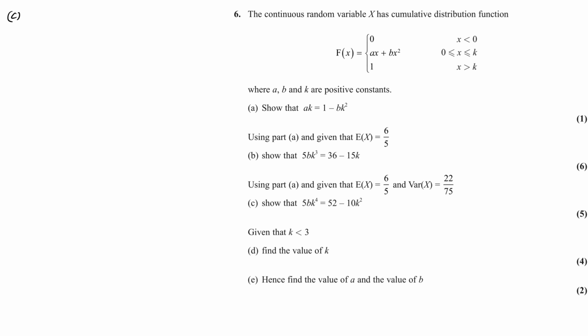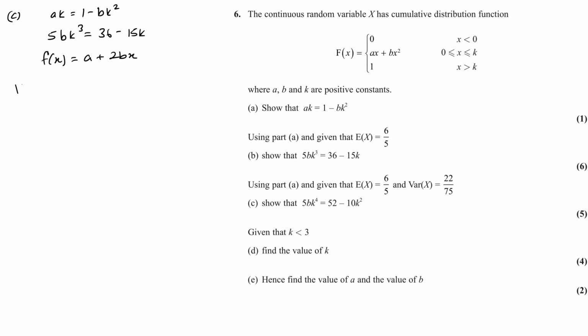So what we've got so far, we know ak equals 1 minus bk squared, and we've got 5bk cubed equals 36 minus 15k. And f of x was a plus 2bx, wasn't it?